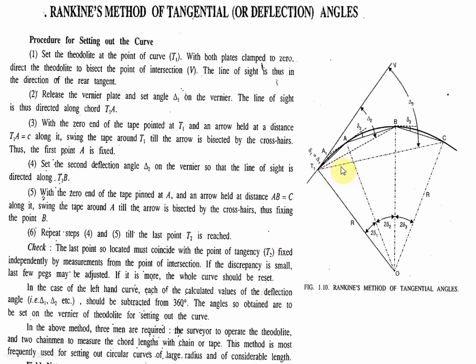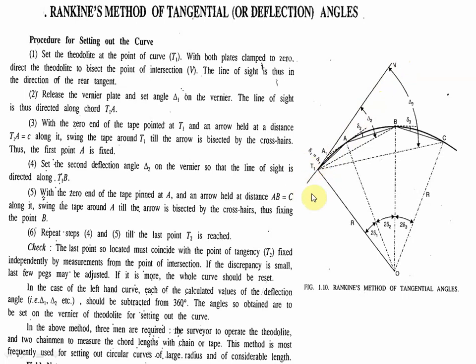Direct the theodolite to bisect the point of intersection V, so that the line of sight is in the direction of the rear tangent.